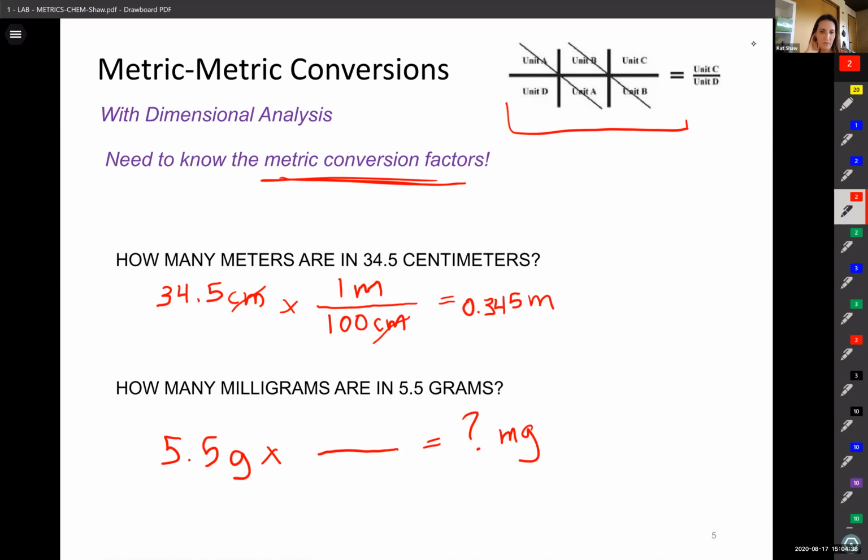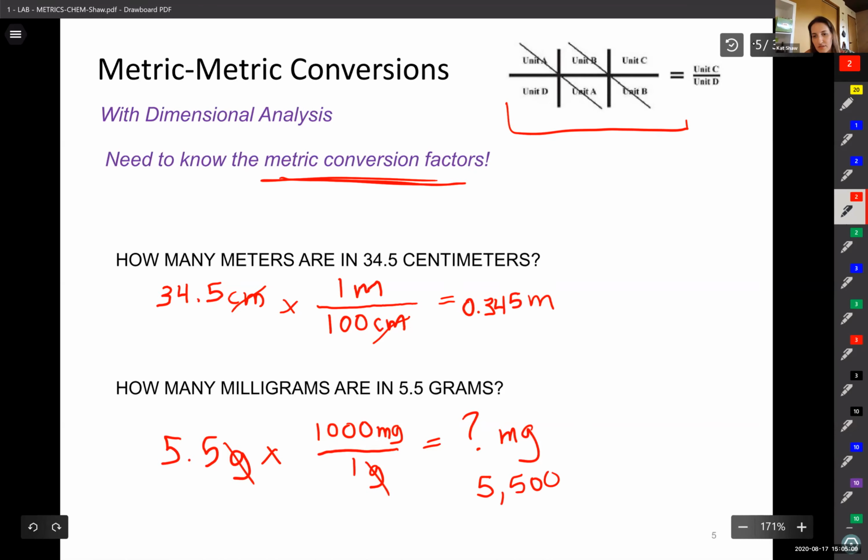So I have 1,000 milligrams on the top, and 1 gram on the bottom. Because I need to cancel out my grams, grams goes on the bottom. Right? And now I'm multiplying this number by my 5.5, and I get 5,500 milligrams. Okay.